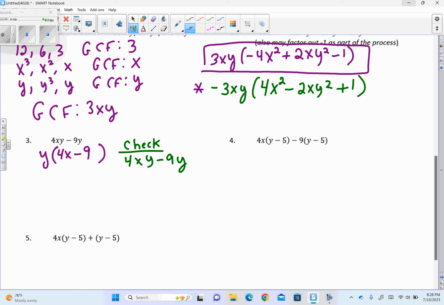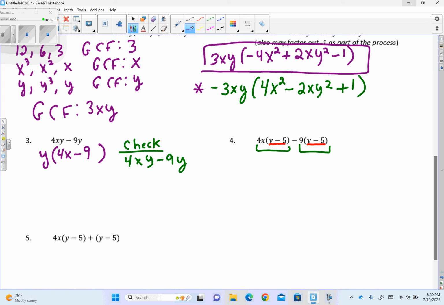Now, number 4 may look a little intimidating, but if you notice something about this, then it's not as bad as it seems. Remember that we're talking about finding common factors? Well, if you look at my terms this way, you see that each of these two terms has this common factor of y minus 5.